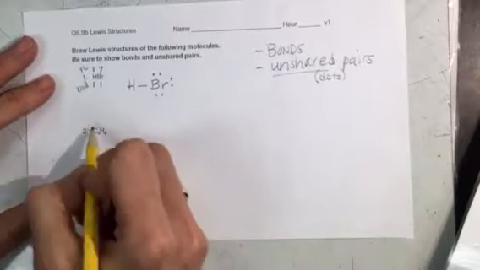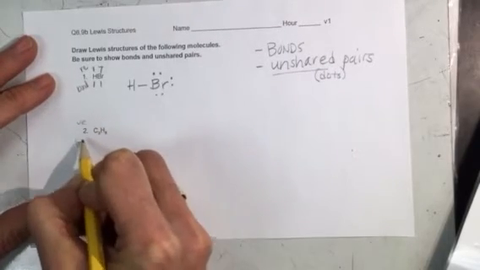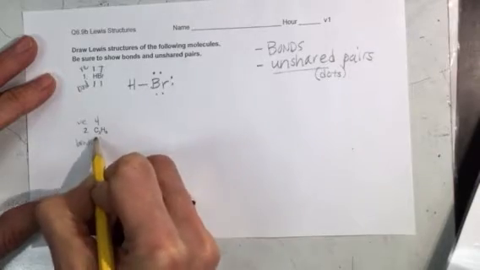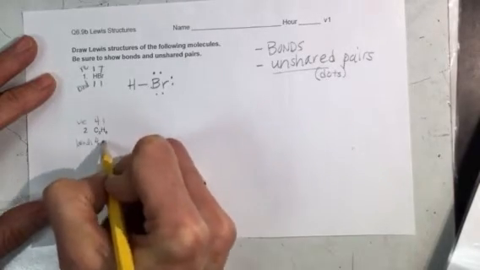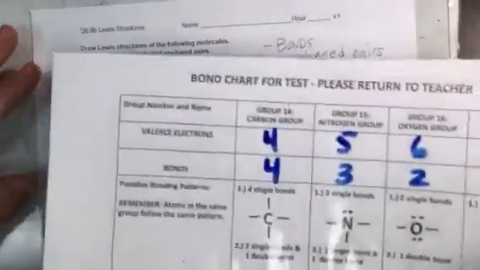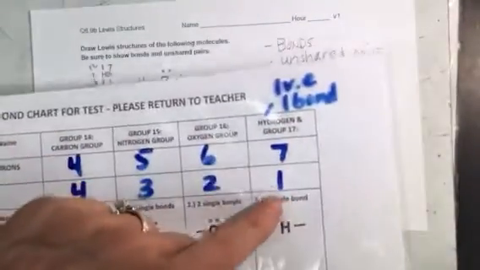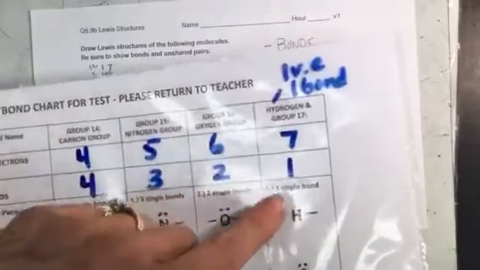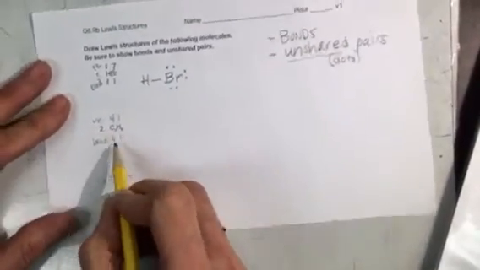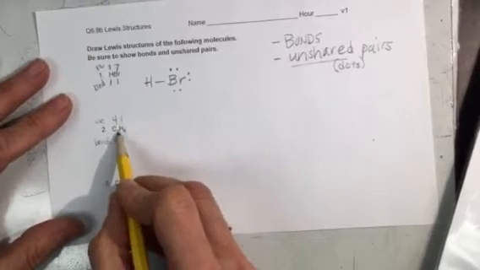Next one, valence electrons and bonds. Carbon has 4 valence electrons, so it wants 4 bonds. Hydrogen, 1, 1. Remember, hydrogen, it'd be good if we could always remember that. Carbon, 4, 4. Hydrogen was 1, 1. So the one that needs the most bonds has to go in the middle. There's 3 carbons here.